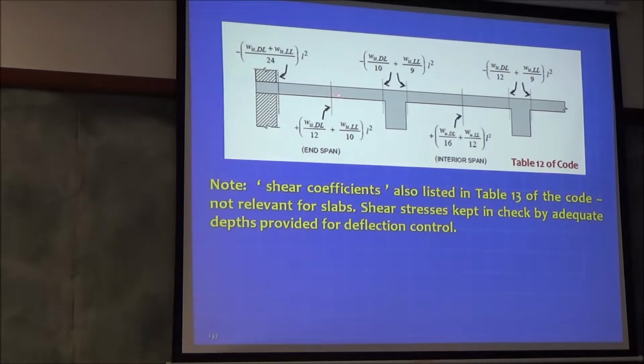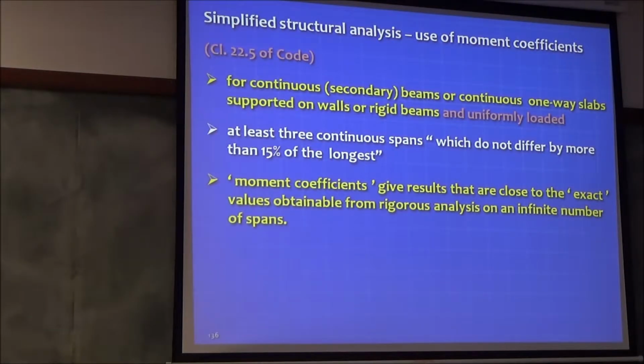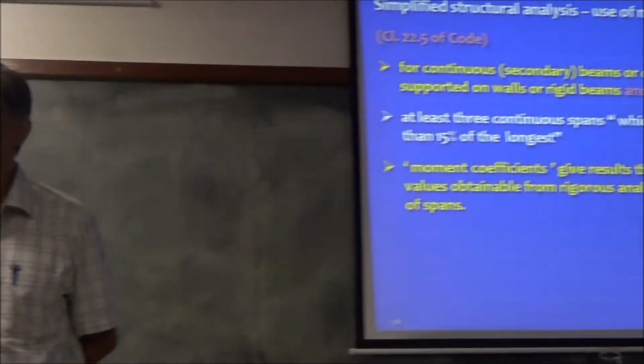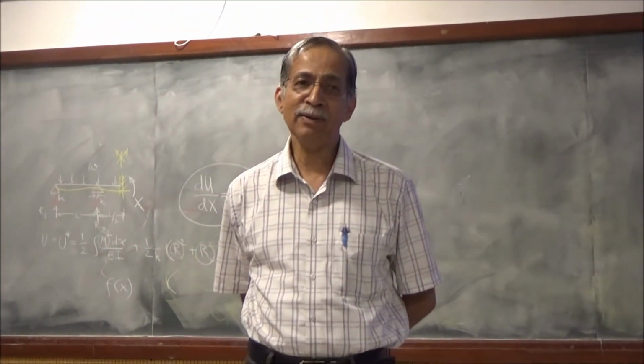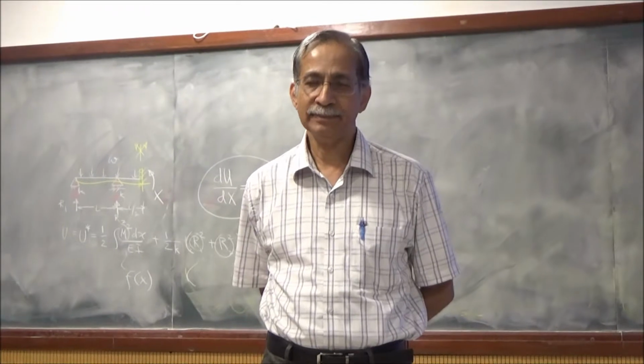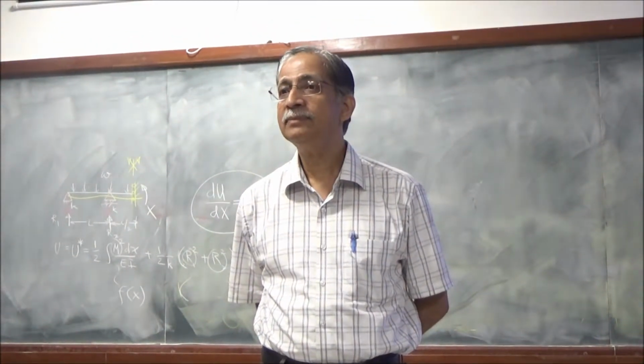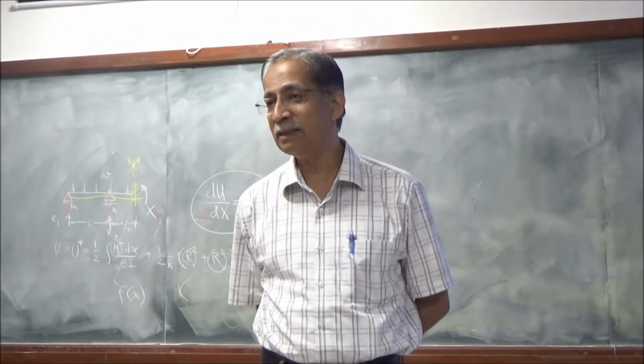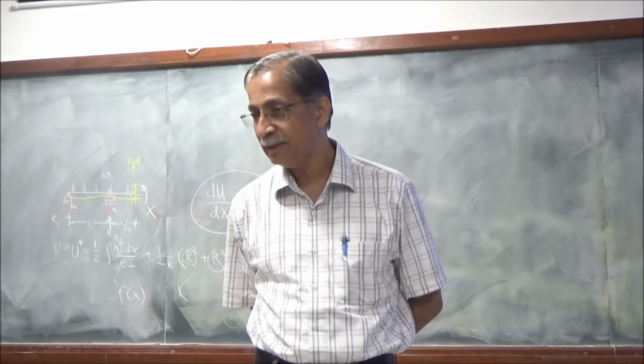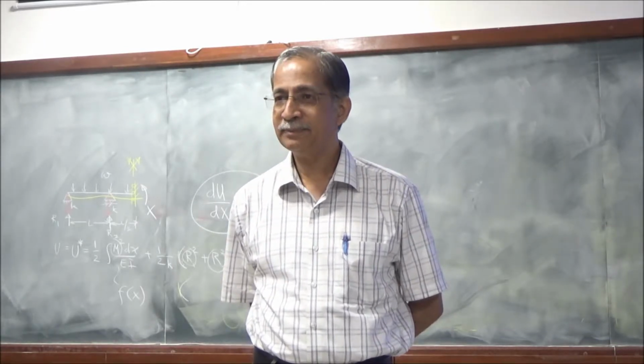Before the code says anything, in which will I get the maximum steel requirement? In the exterior panel or the interior panel? Simple question. Why?